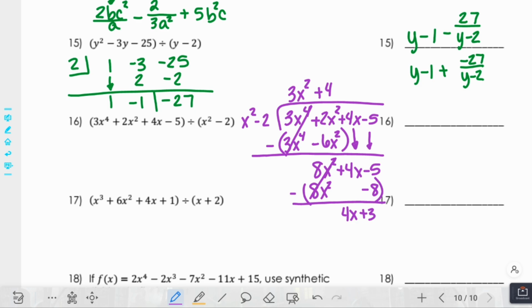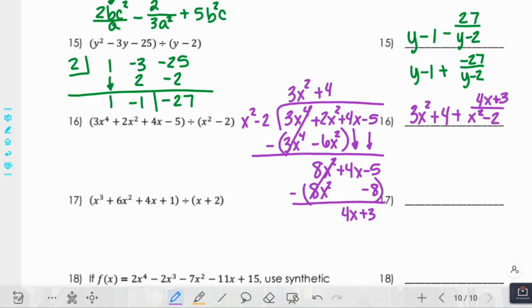So next, here on number 16, we've got 3x squared plus 4, and then plus 4x plus 3 all over x squared minus 2. That's how you write your answer for that one.